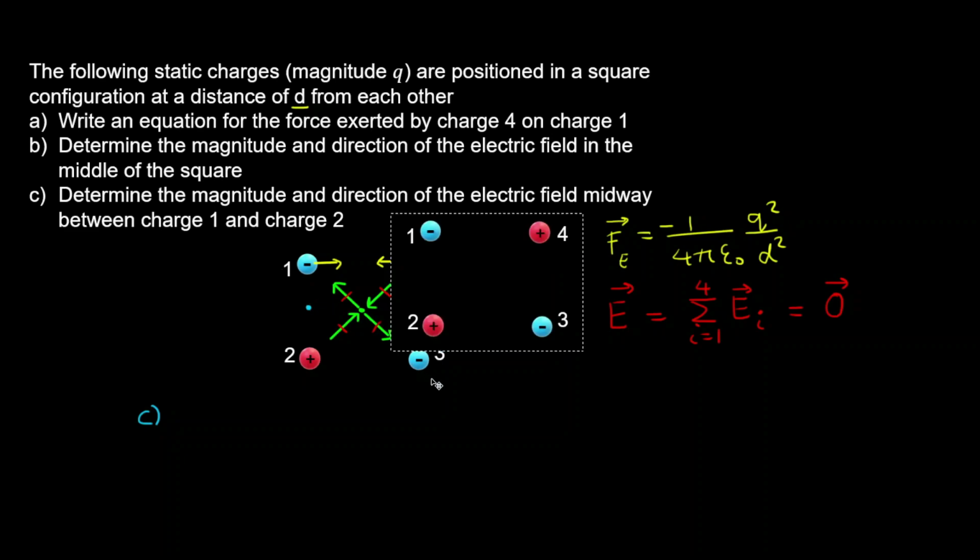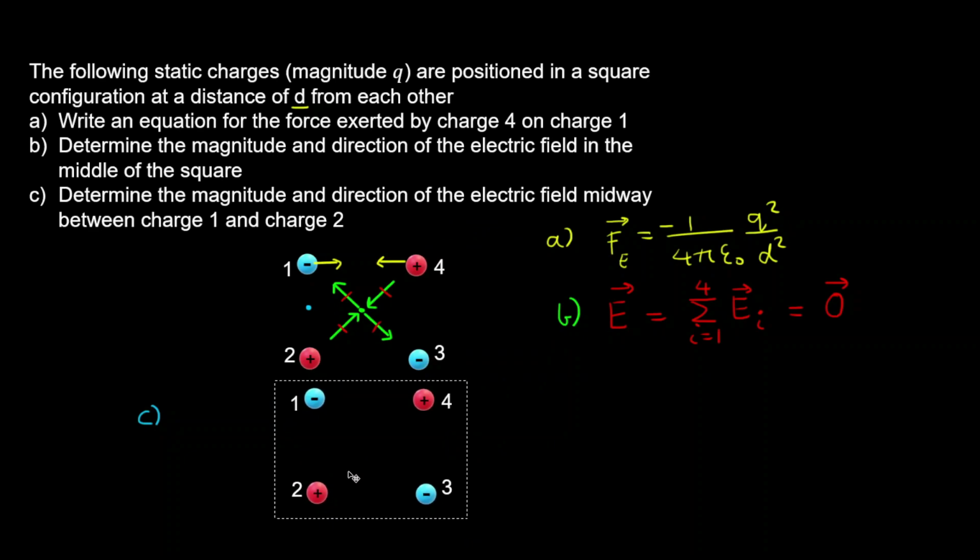So let's just copy those down here. And let's draw the direction of the electric field from this point to each of the charges. So the electric field vector points towards the negative charge and away from the positive charge.